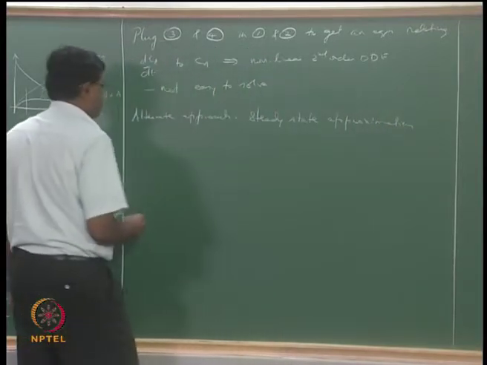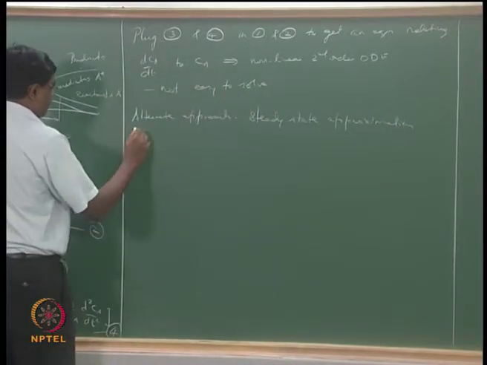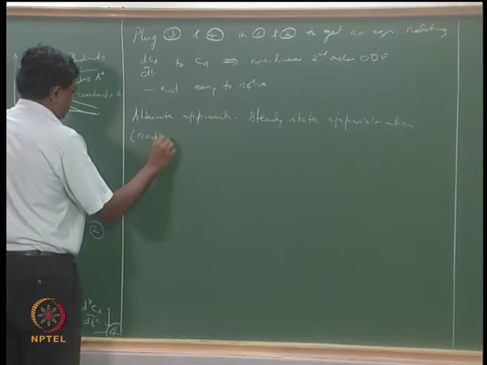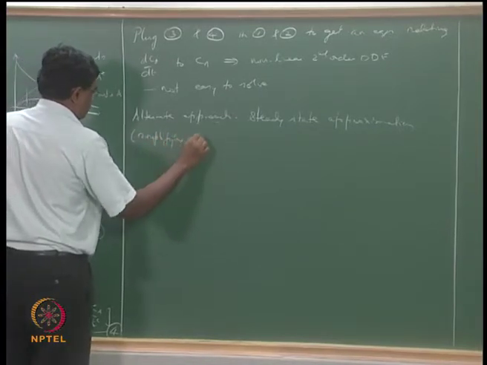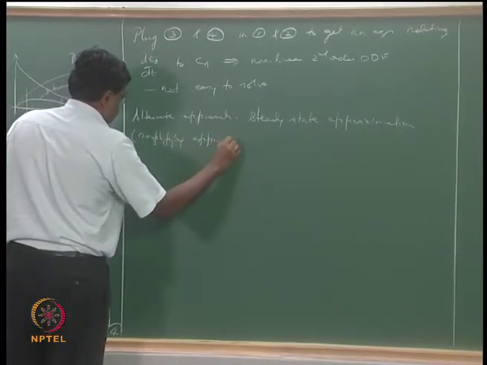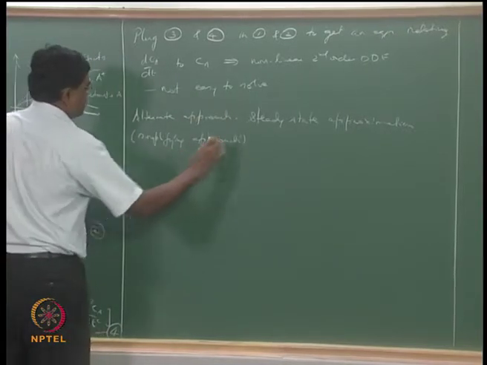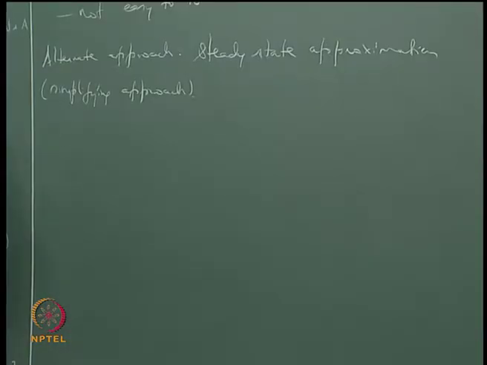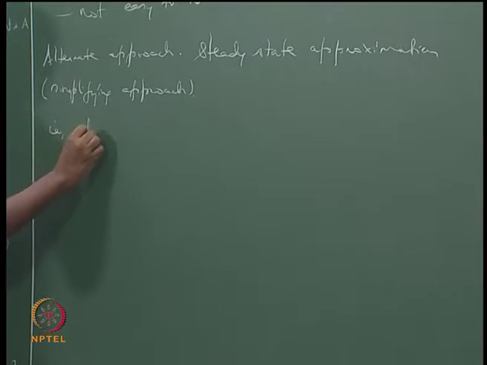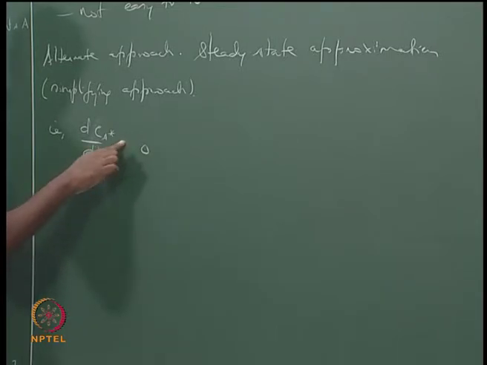This is a simplifying approach, that is we now say dCA star over dt is approximately equal to 0.